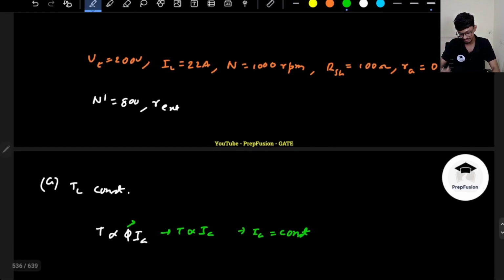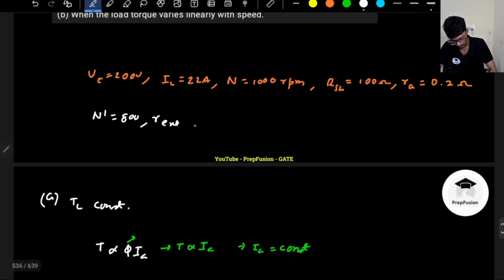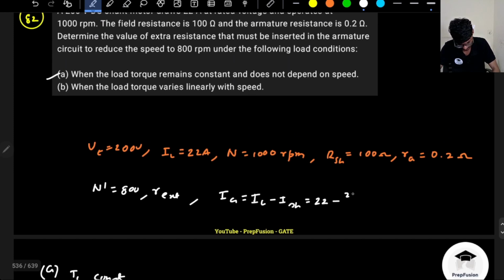So in case 1, what is the Ia? Ia will be equal to IL minus ISH, the shunt current. IL is 22 amperes minus ISH. ISH is the terminal voltage divided by the shunt resistance 100.